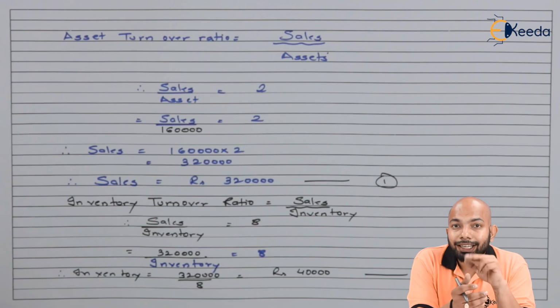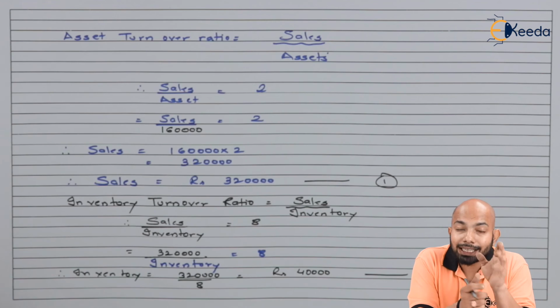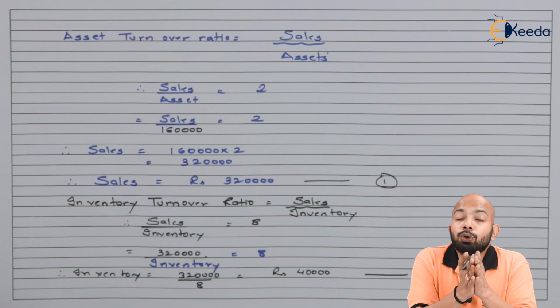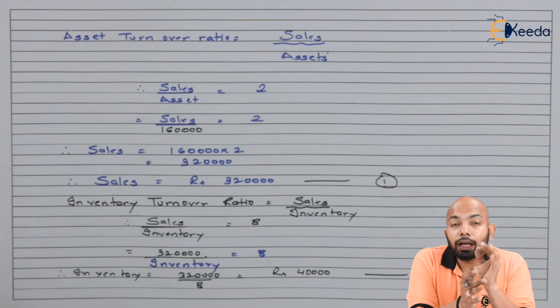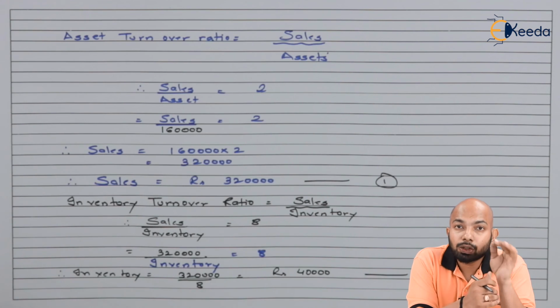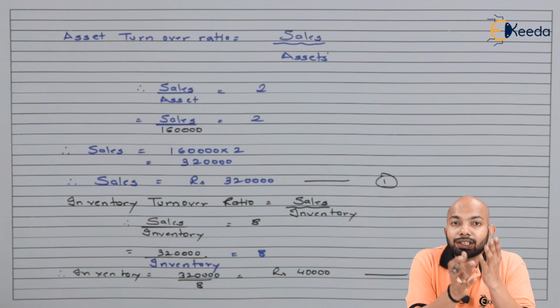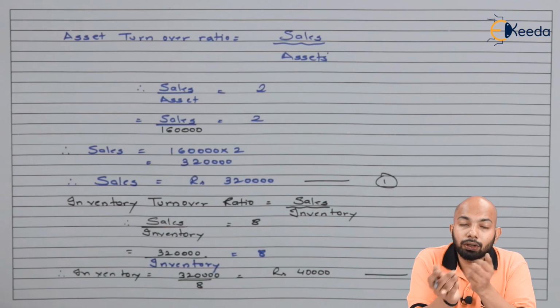Now, out of cash and inventory, we have figured out one amount, because cash and inventory together comprise the total current assets, which is already 1 lakh. So if total current assets is 1 lakh and inventory is 40,000, the balance will be cash here. So let's figure that out.